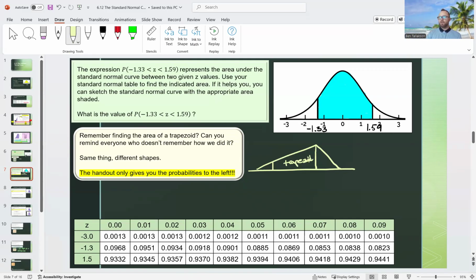If you think back, we said you could take the area of the bigger triangle, and you could also find the area of this smaller triangle, and you could subtract them to find the area of the trapezoid. Remember that?